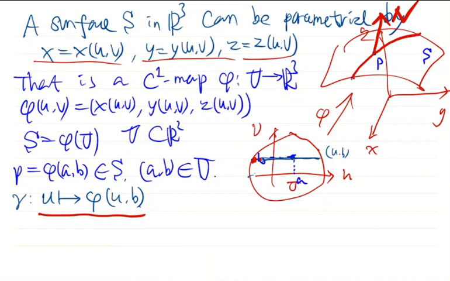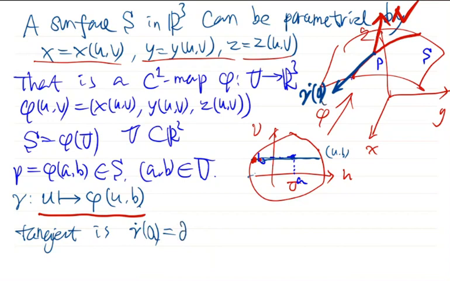So for this curve gamma, the tangent vector is gamma dot 0. The tangent of this is gamma dot a, which is the partial derivative of phi with respect to u at the point (a,b).